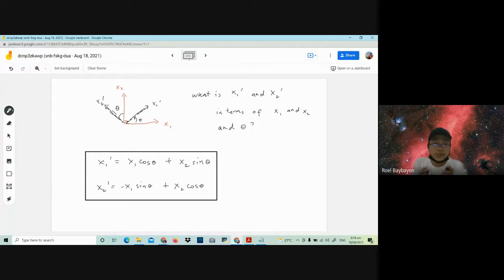This equation is called the coordinate transformation.